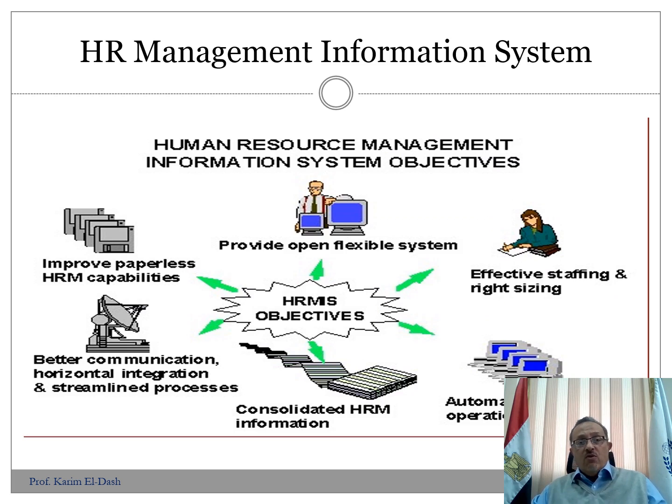In this diagram, we have a human resource management information system. Actually, it includes everything that we have regarding the project human resource: improving paperless human resource capabilities, better communication, horizontal integration, and streamlined processes, providing an open flexible system, effective staffing and right sizing, automation of human resource management operations and processes.